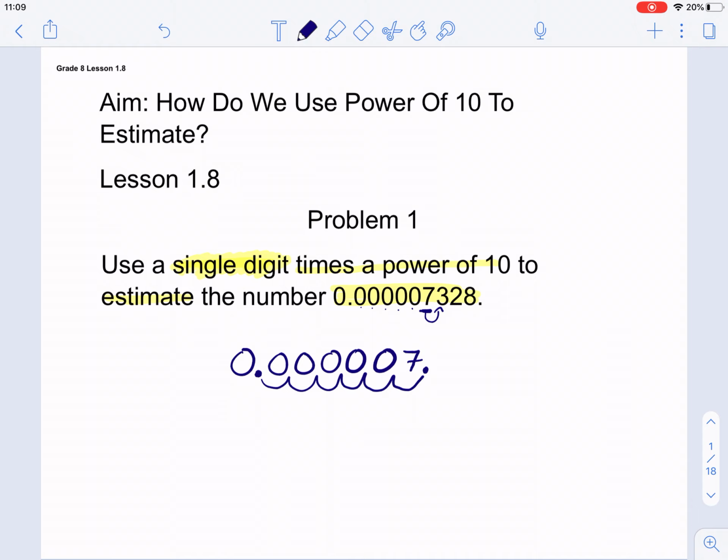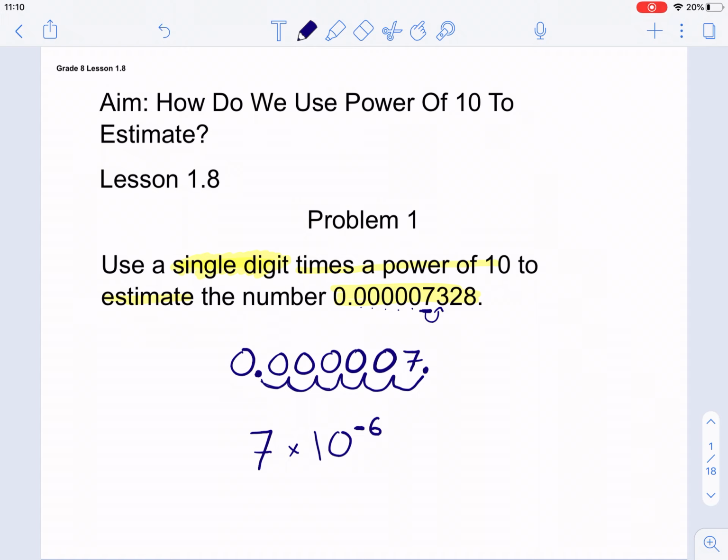I want to turn it into a number that is between 1 and 10. So 7 is between 1 and 10, so I would have it as 7 times 10. And now, since I moved my decimal to the right, I'm going to make my exponent negative. So it'd be 7 times 10 to the negative 6th power.